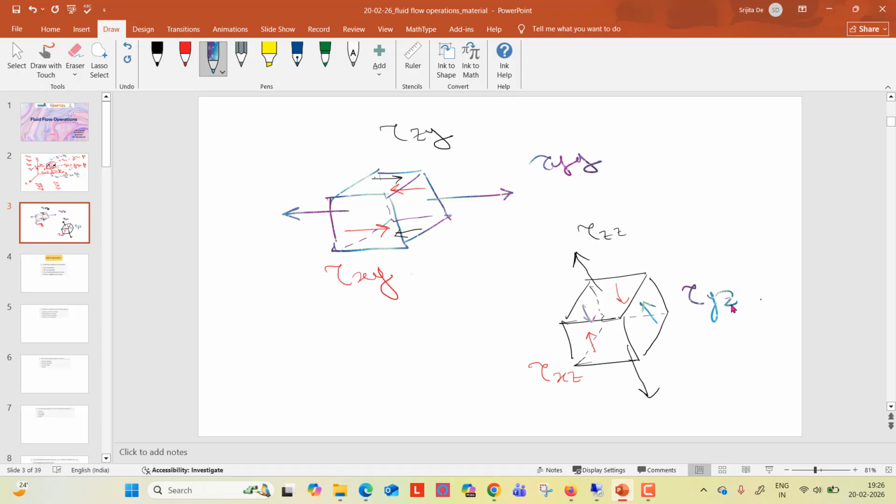Okay. So the momentum balance equation we have seen earlier, but still I am going to solve it in the differential approach.